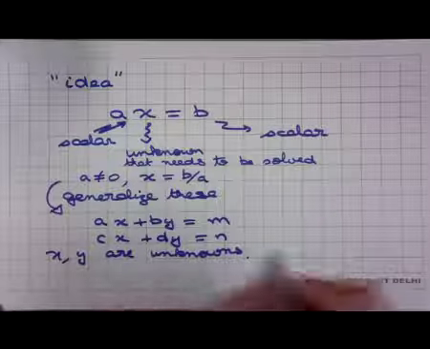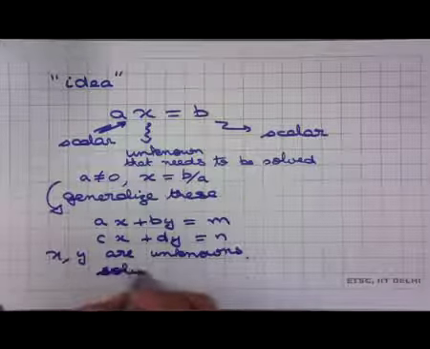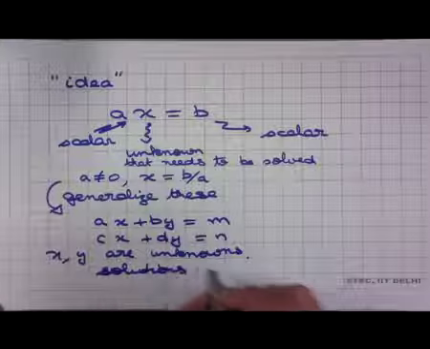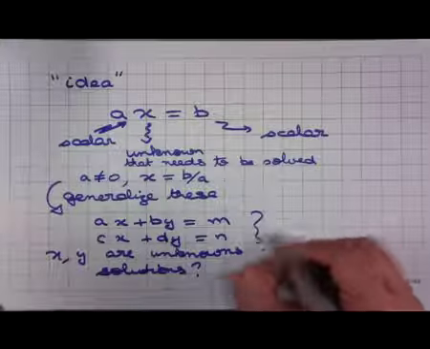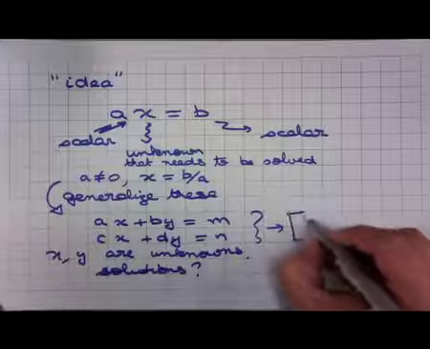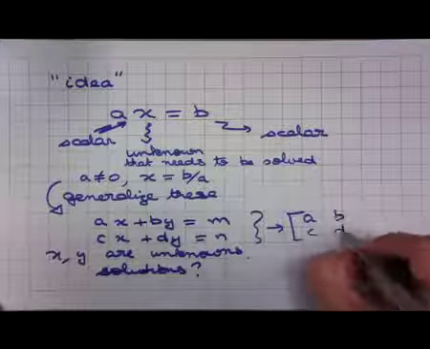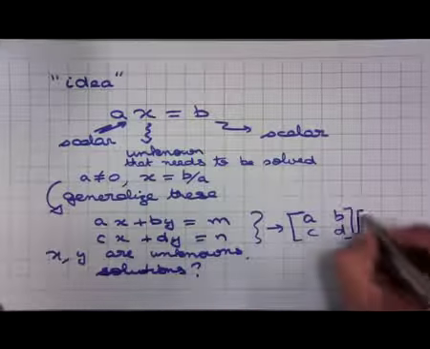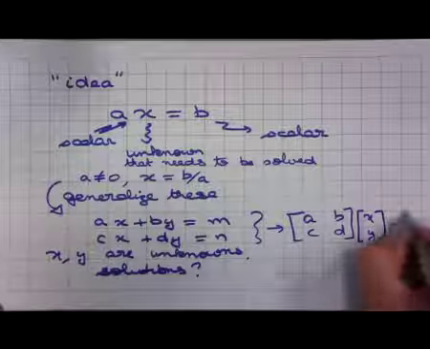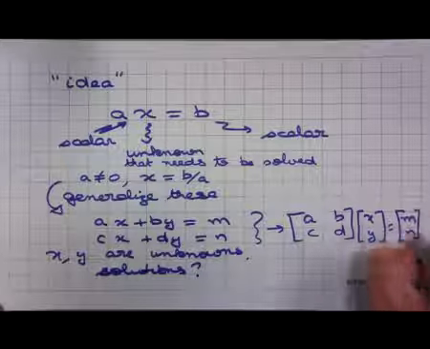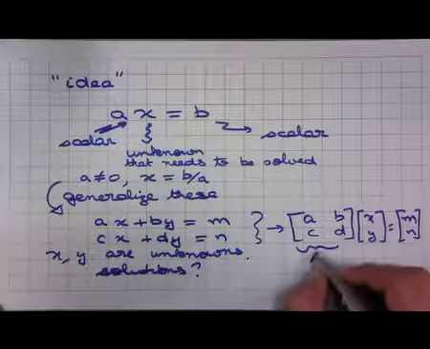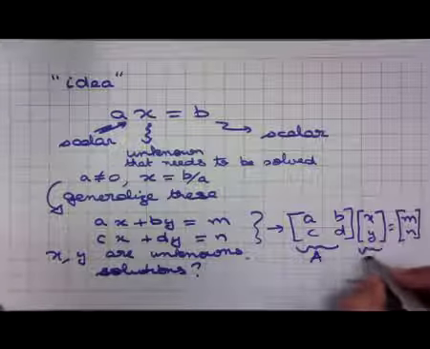How will we find the solutions of this? And we know that we can write this down in a matrix representation A, B, C, D, and there is x, y, and then m and n. So, this plays the role of an A matrix. This is an unknown vector.